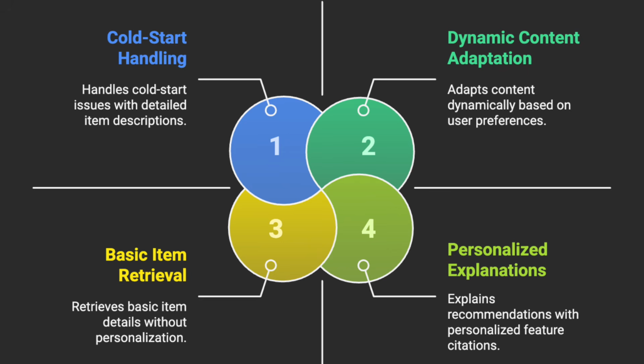So e-commerce and content platforms using RAG for recommendations significantly improve conversion rates and user engagement. Some of the most powerful RAG applications are in specialized domains where general LLMs lack specific knowledge.